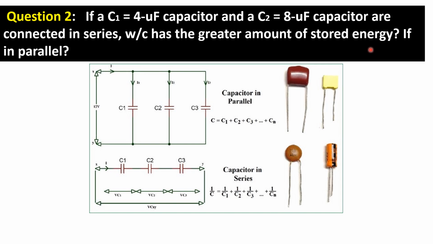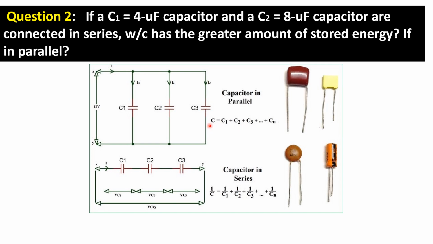So, before we look at the options, let's recall again the formulas related to capacitors when they are connected in parallel and when they are connected in series. So as shown in this diagram, to get the total or the equivalent capacitance for three capacitors C1, C2, and C3, when they are connected in parallel, we just add the individual capacitances.